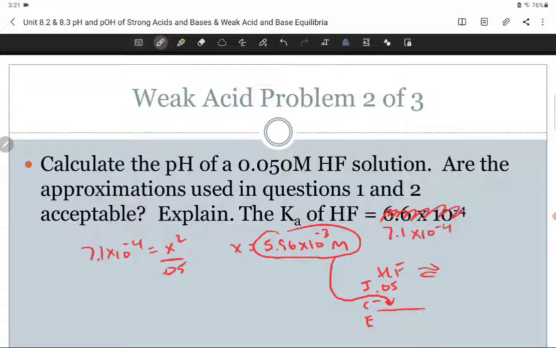Remember the rule of thumb for us is: does it affect it by more or less than 5%? That number of change would have a pretty significant impact on 0.05 initial concentration of HF. So that means that if you wanted to actually solve this one, you've got to use the quadratic formula.